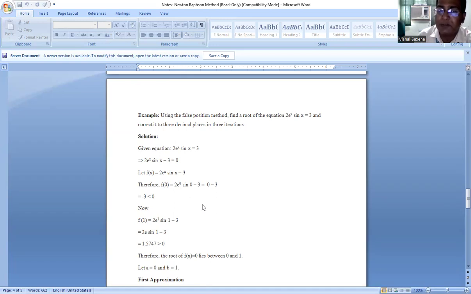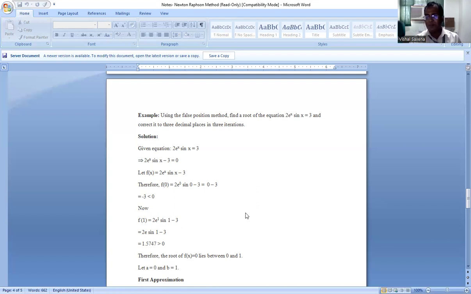So f1 is equal to 1.5747, which is a positive value. Therefore the root of f(x) will lie in the interval 0 and 1, because f0 into f1 is negative.